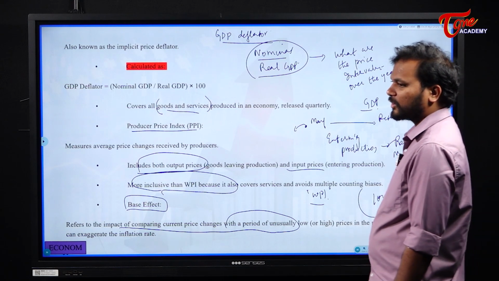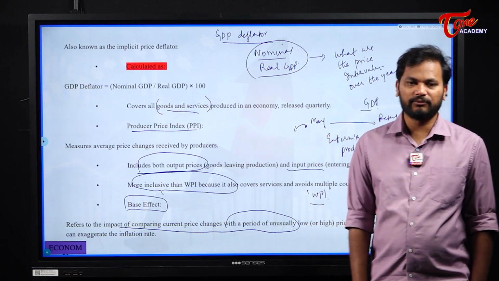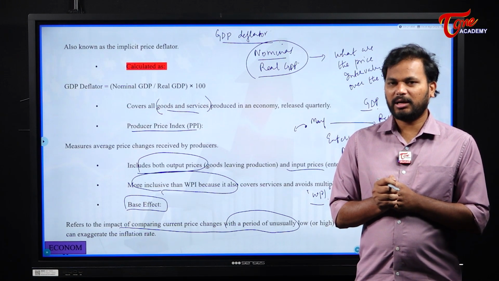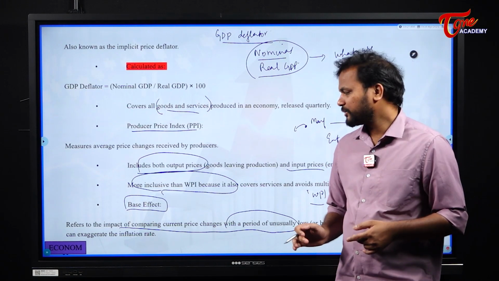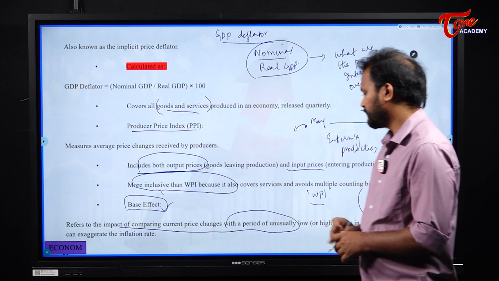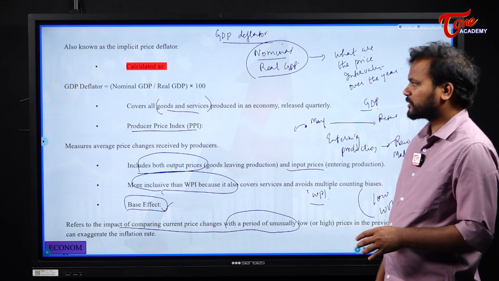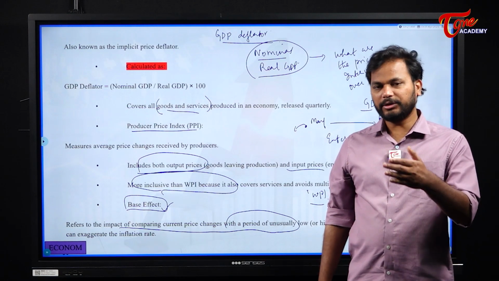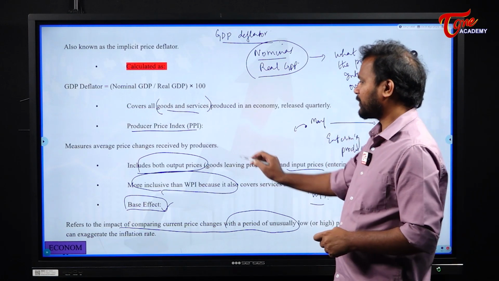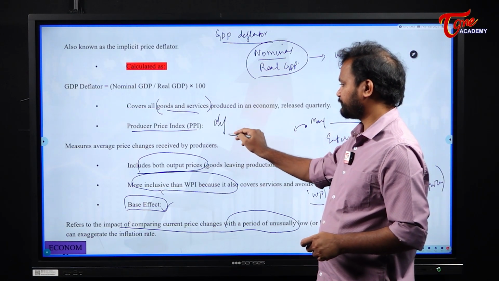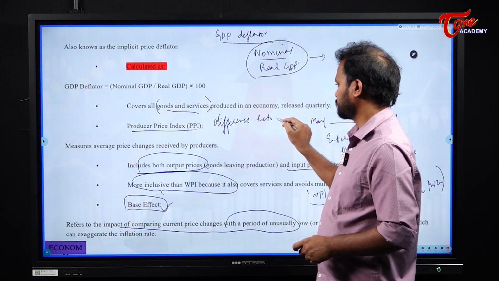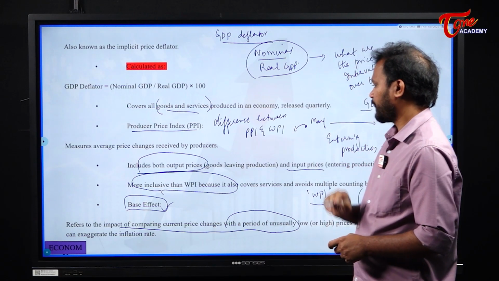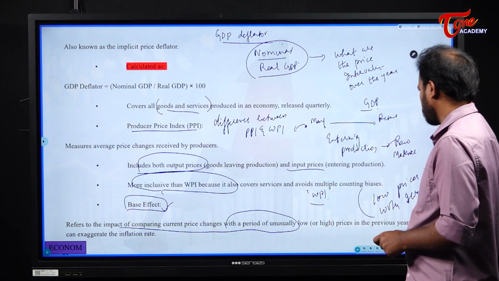Okay, the years of low prices and the years of high prices are combined, calculated, and according to that the base effect is given. Clear? See here, as a concept of the producer price index, one thing that you need to remember is the difference between the producer price index and the WPI. This is very important.